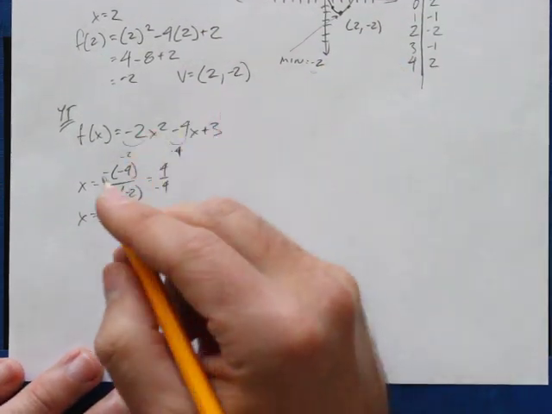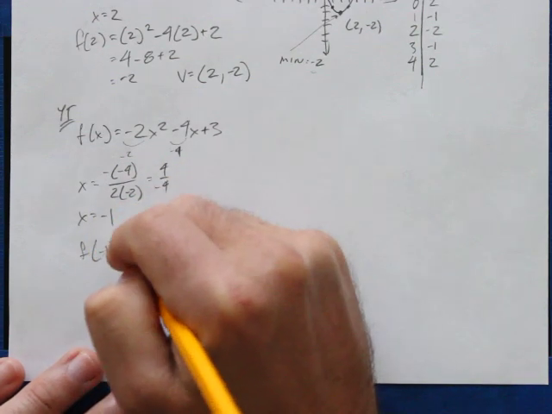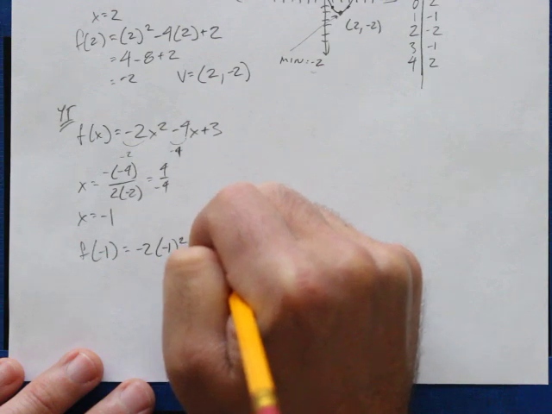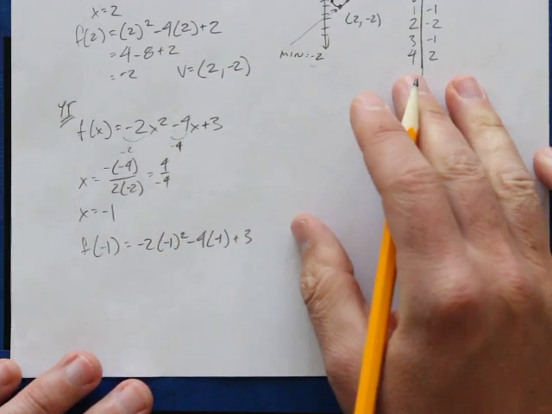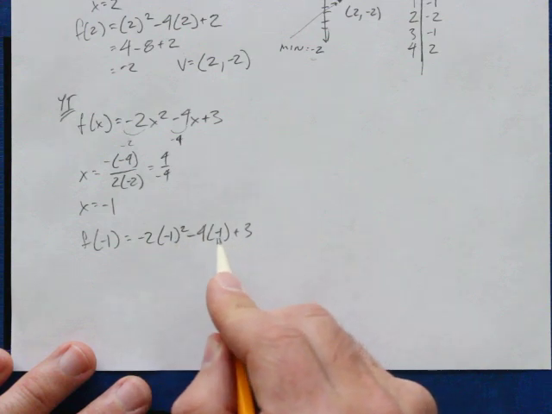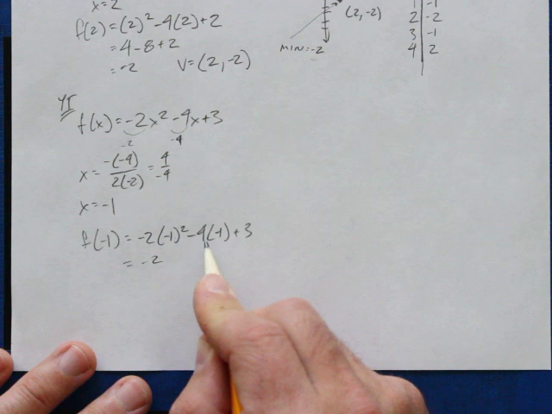Now let's plug negative 1 back into the original equation. f(-1) equals negative 2 times negative 1 squared minus 4 times negative 1 plus 3. Negative 1 squared is positive 1. So positive 1 times negative 2 is negative 2.